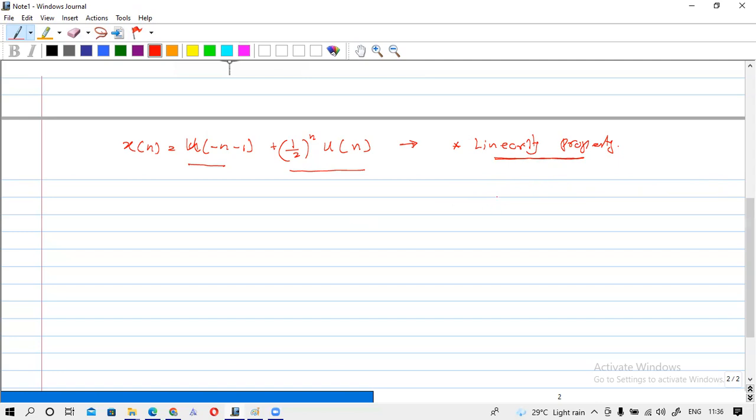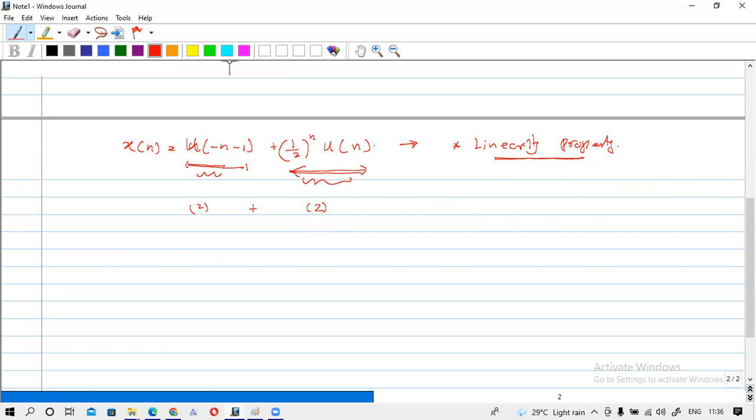So using the linearity property, if I evaluate the Z transform of these two functions separately, I can just add them together and get the resultant Z transform.